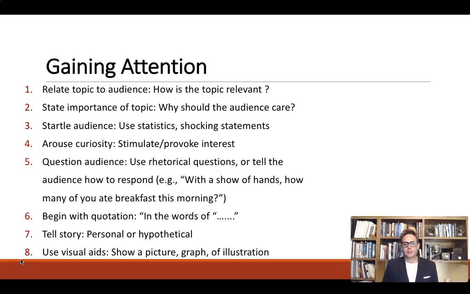You could also state the importance of the topic. This is something you're already going to do with the significance statement, but essentially you could address why the audience should care. You could startle the audience. Now, this doesn't mean go up there and scream in the microphone to wake everyone up or to scare them. But you could use startling statistics or shocking statements.